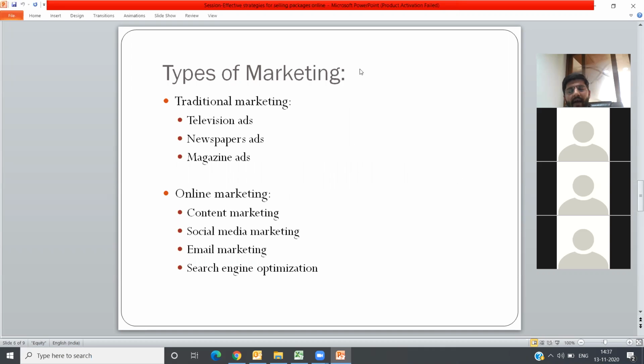I am categorizing marketing into two types: traditional marketing and online marketing. Traditional marketing, the old forms of marketing, are television ads, newspaper ads, magazine ads. This kind of marketing should be used when your product is a generalized thing, like a Jio SIM or an Apple phone. Most customers who have a TV can buy a Jio SIM, so you have to do a generalized ad.